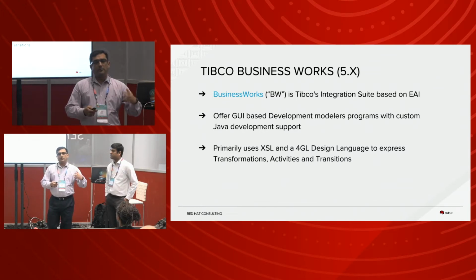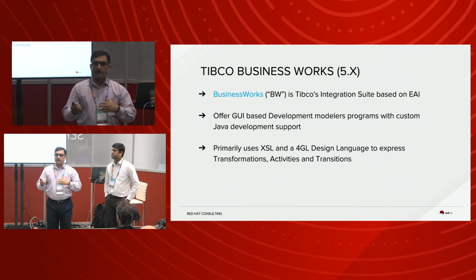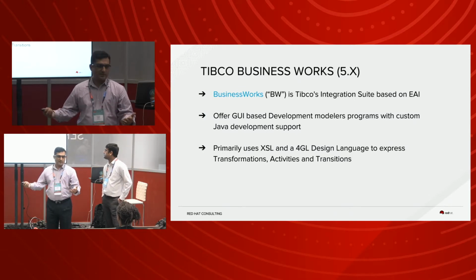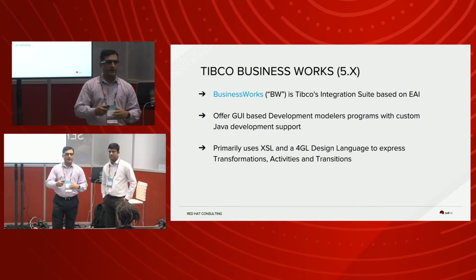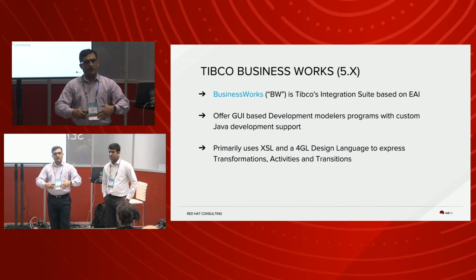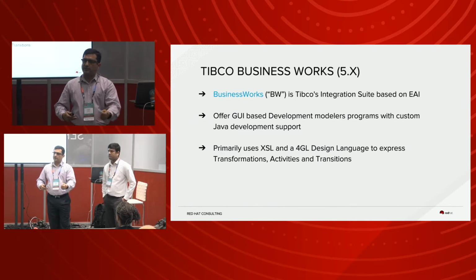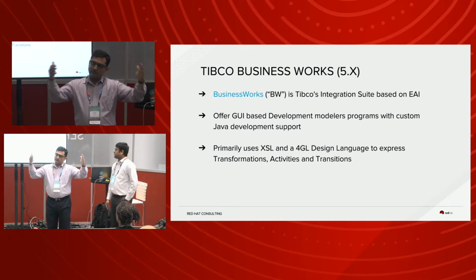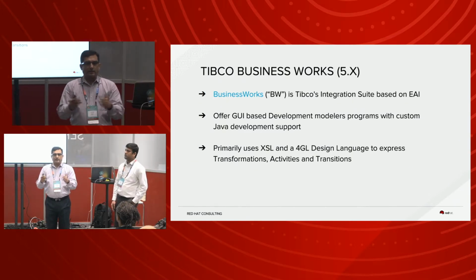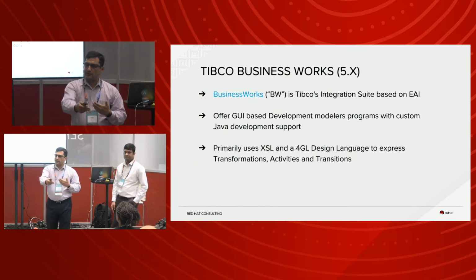They were also very big on XSL, so all of their transformations usually go through XSL. They have a schema beneath the 5.x layer, so their design flows, when you persist them on disk, turn into some kind of XML-based data that is backed by schemas and so on.